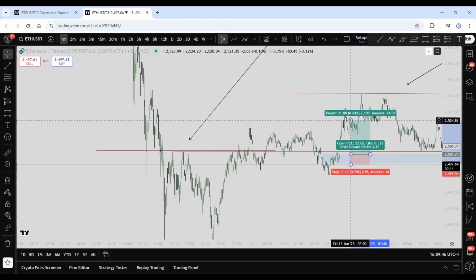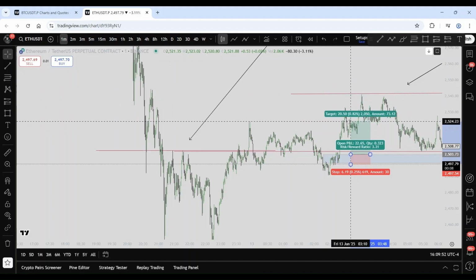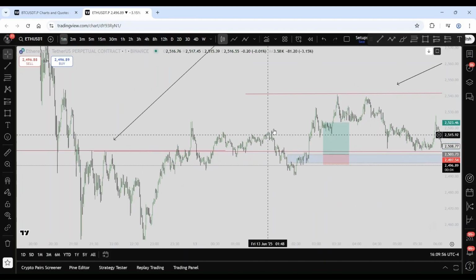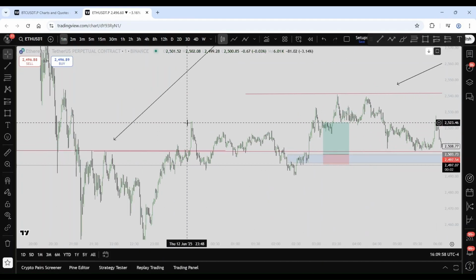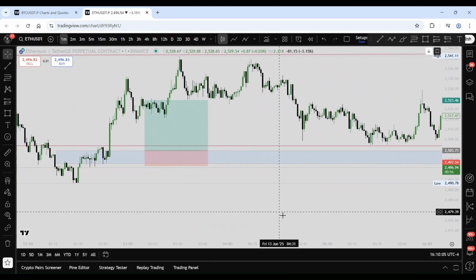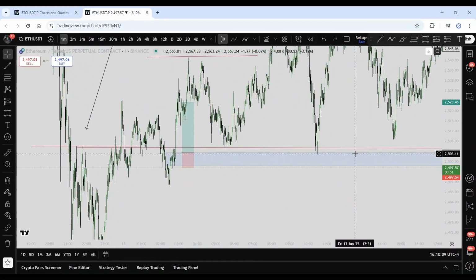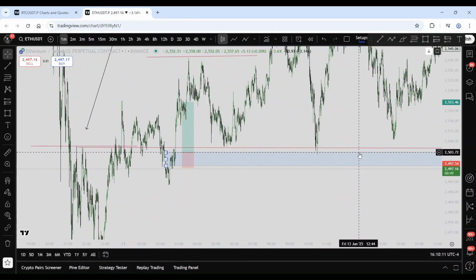You can target more higher highs, but to stay safe and to make regular profits, we're going to be targeting this higher high, the previous high. As you can see, the price took a bit longer, but it did tap our entry.